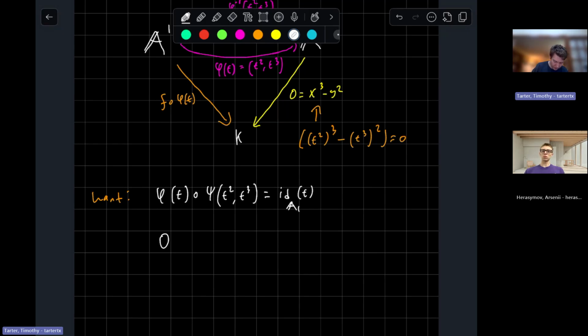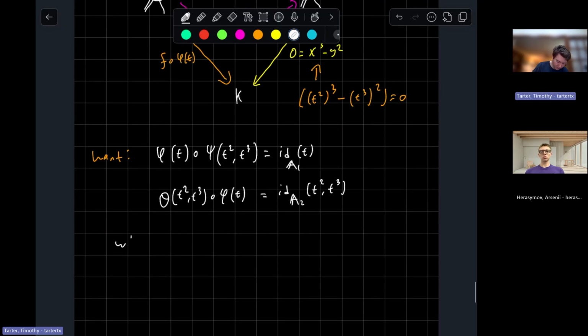And then we also want a theta, t squared comma t cubed, circ phi equal to the identity on the affine plane, with theta not the same as psi.